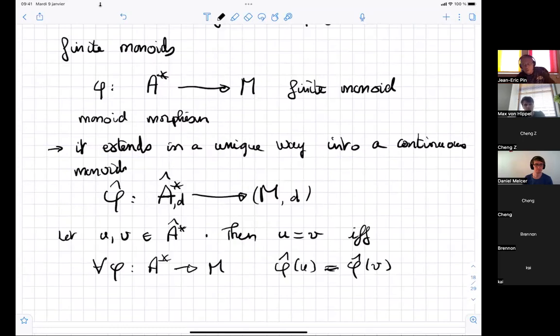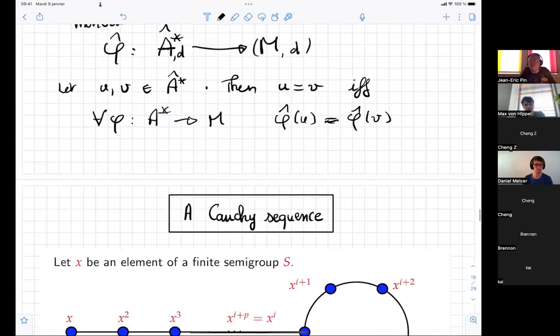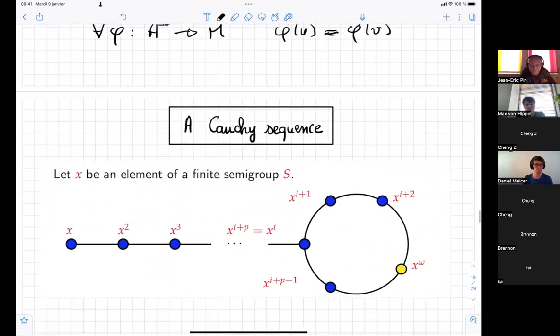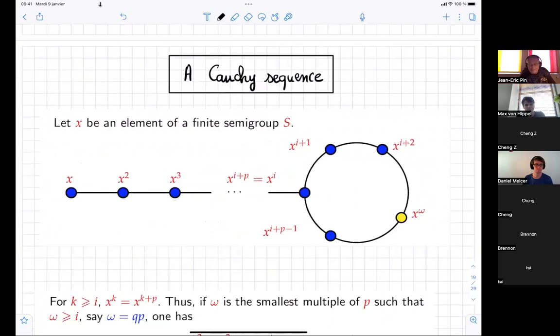But let me go to the unique concrete example I will be able to give you, which is this one. I'm considering a finite monoid, a finite semigroup X, and now I compute the powers of this element, X squared, X cubed, and so on.